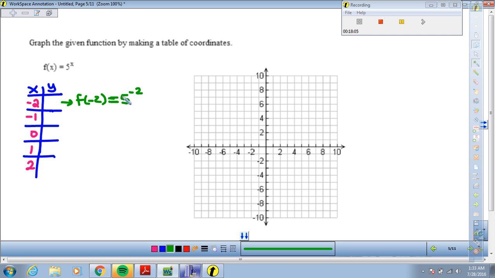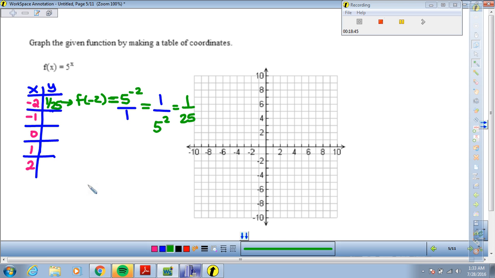How can I do 5 raised to the -2? Well, you put your 5 over 1 and flip it around, so you have 1 over 5 raised to the 2nd power. If you simplify this, this is 1 over 25.